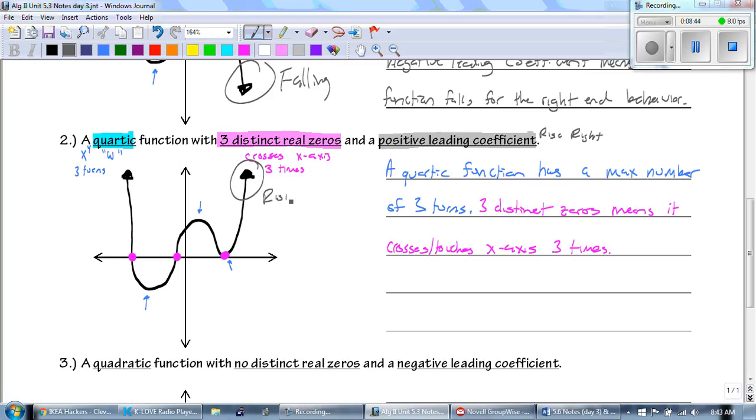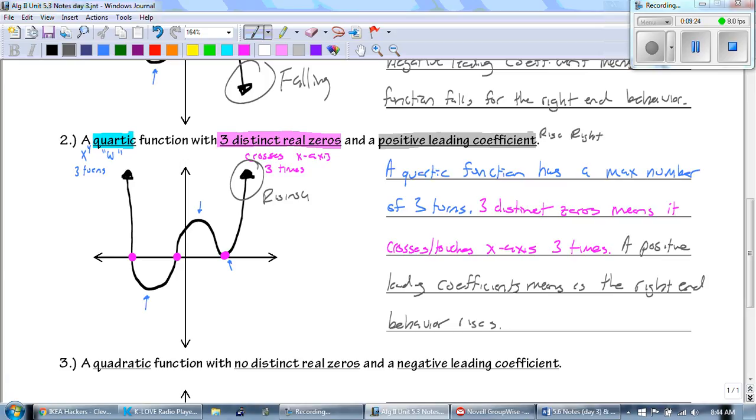And then our last thing we're talking about is the right end behavior, and that's because we are rising because it's a positive leading coefficient. So a positive leading coefficient means the right end behavior rises.